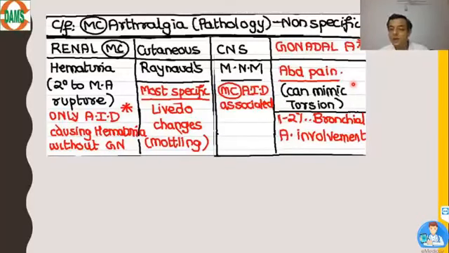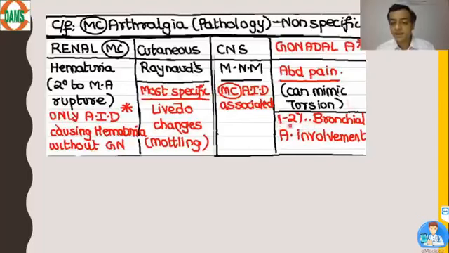Abdominal pain can occur with gonadal artery involvement, and that can mimic torsion because the testicular artery or the ovarian artery can be involved, leading to severe pain. A patient of PAN can come with abdominal pain.